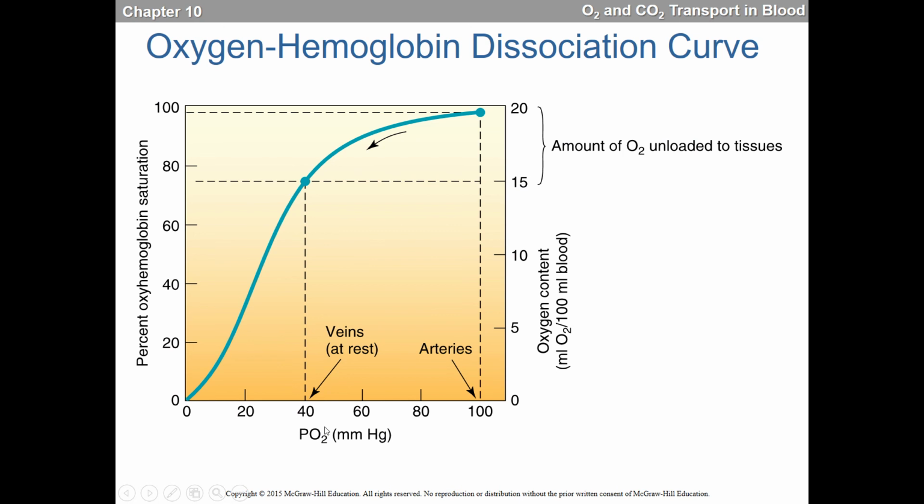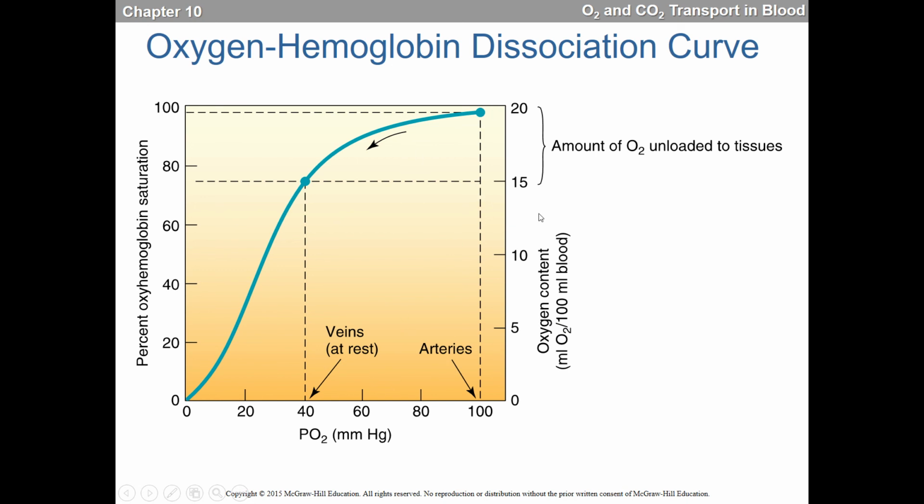So we have PO2 in the arteries and veins at rest and percent oxyhemoglobin saturation. Over here, well, percent oxygen content, you can look at that too. So essentially, it's more likely to dissociate.